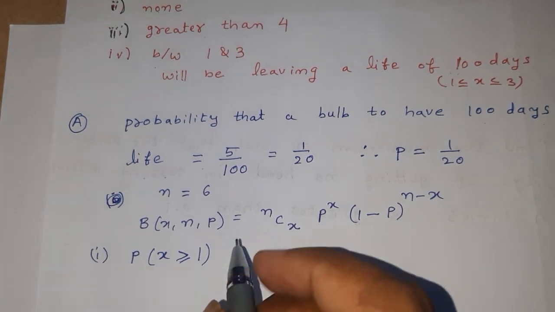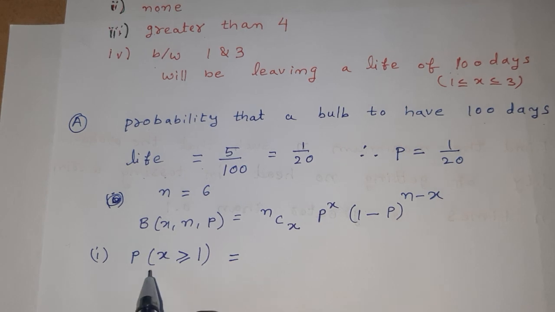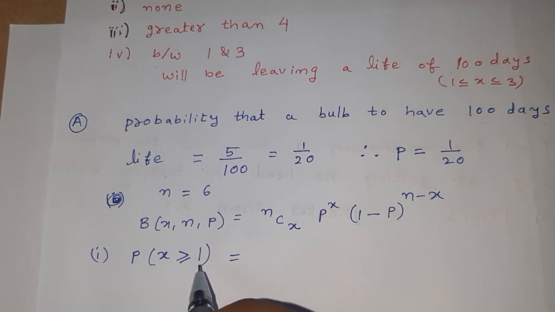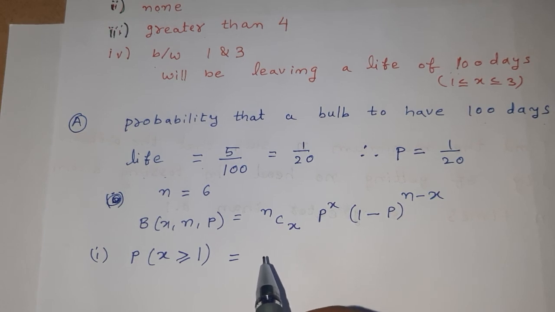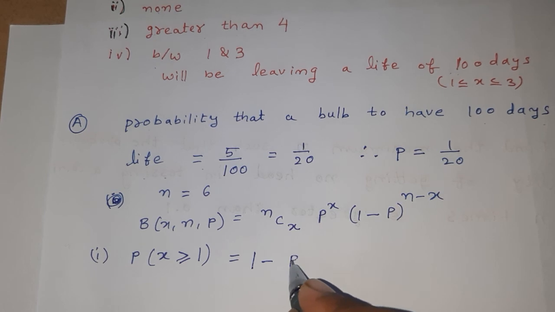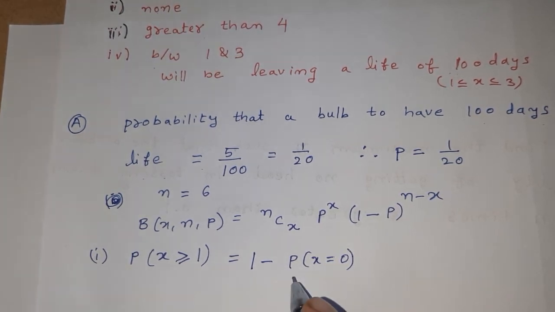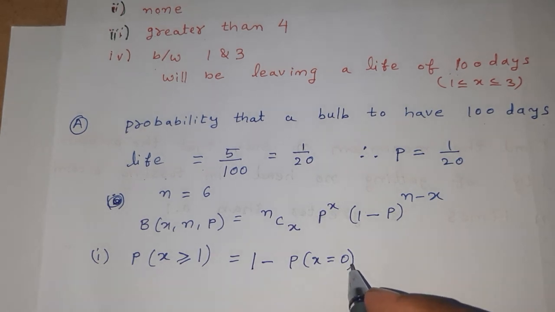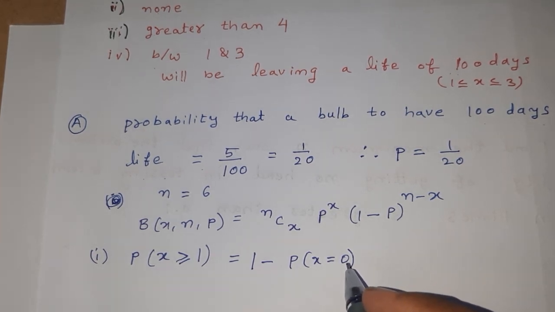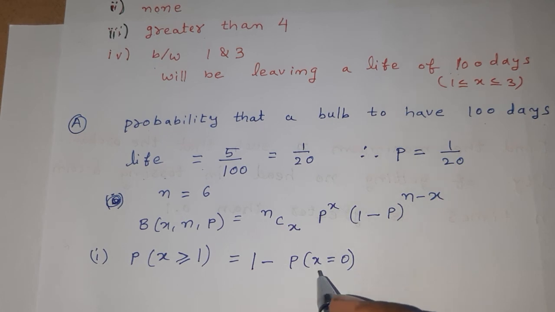That is, P of x greater than or equal to 1 means P(x=1) plus P(x=2) plus P(x=3) plus P(x=4) up to P(x=6). But we can also write it as 1 minus the probability when success is 0, that is, we are excluding 0 successes from the total probability.